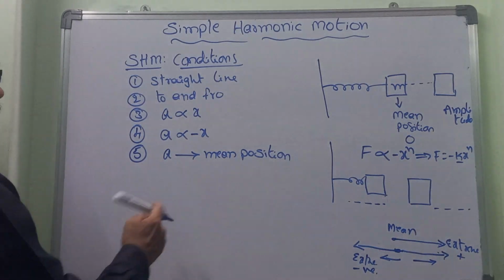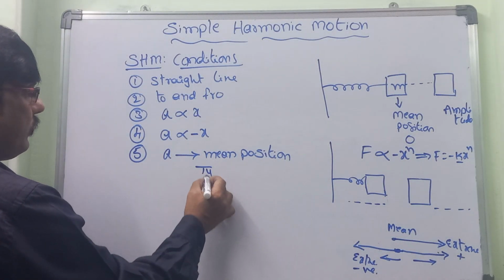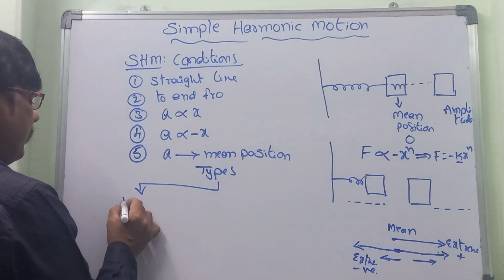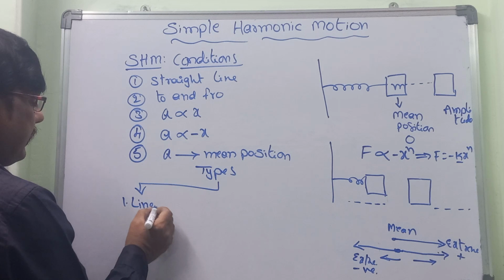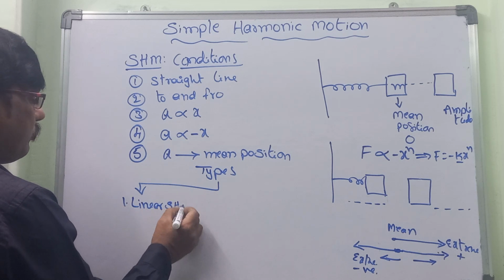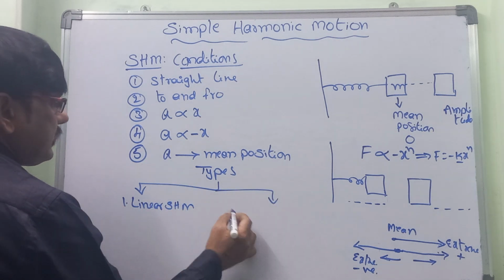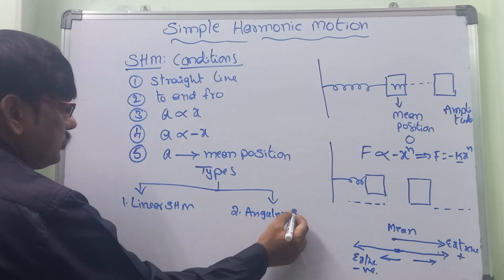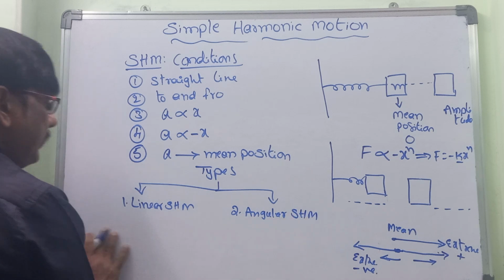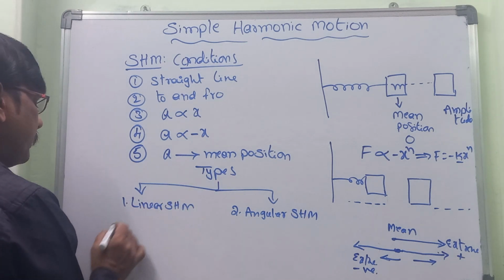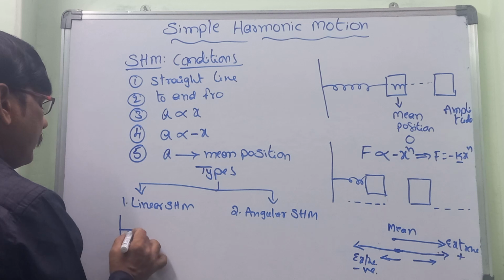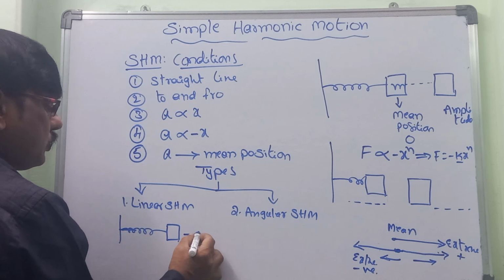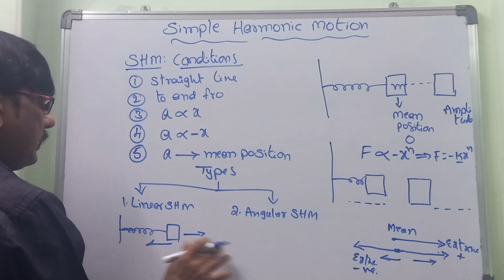Basically, there are two types of simple harmonic motion: one is linear simple harmonic motion, and the next is angular simple harmonic motion. What is an example of linear simple harmonic motion? Let us take a spring, and when we apply a force, the particle will move in the linear direction.